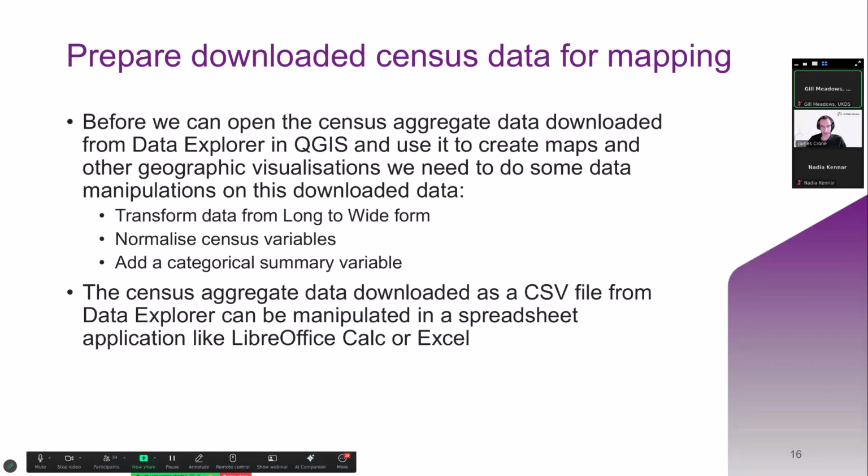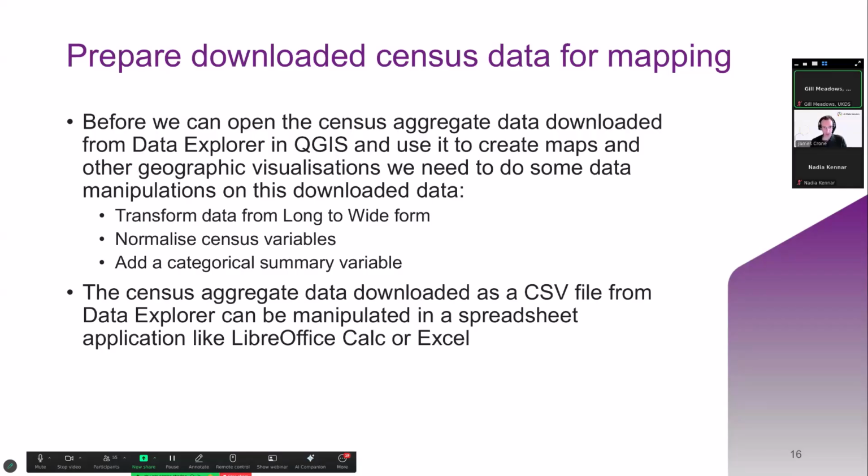Before we can map this data, we need to do some manipulation of it. The data from Data Explorer is provided in a long shape. To use it in QGIS, we need to convert it from long to wide form. I'll explain what that means in the next slide. We need to normalize our census variables. At the minute, they're just raw counts of people or households.